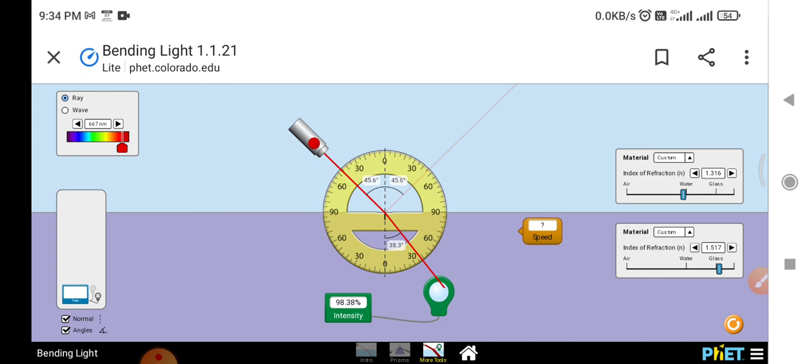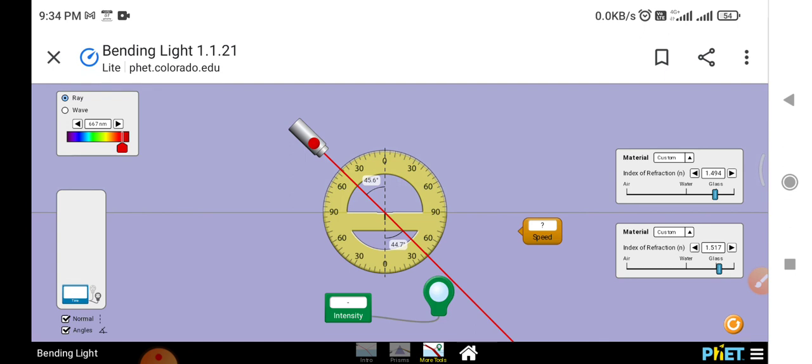Water to glass, 45 and 38. Glass to glass, 45.6 and 44.7. So depending upon the medium, depending upon the denser and rarer medium, the refraction angle will change.